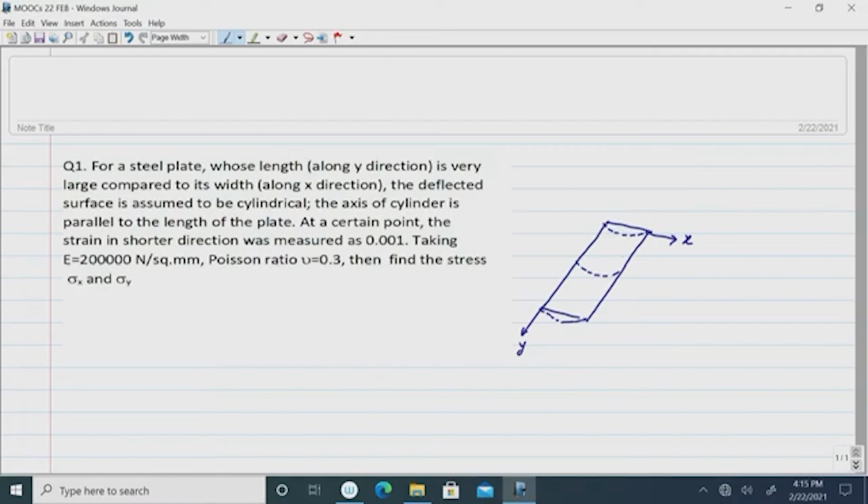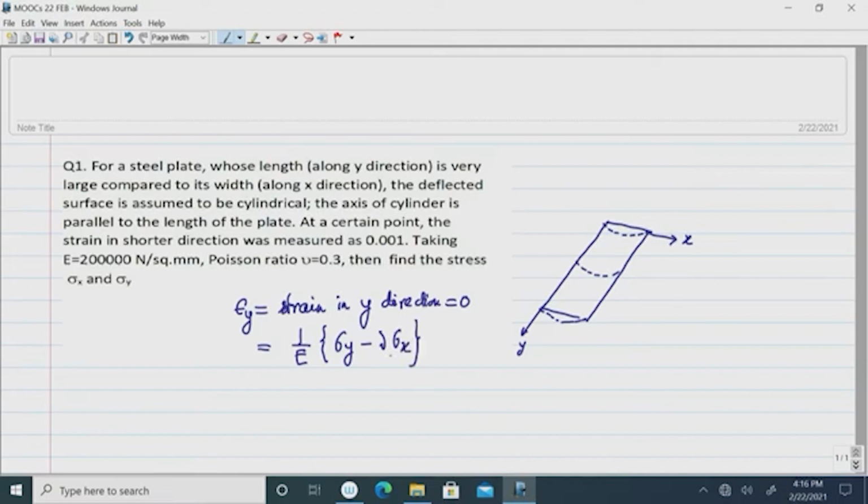So, the deflected surface of the plate is a cylinder. Now, due to this assumption, we can say that epsilon y, the strain in y direction, is 0, but the strain in y direction, we know from the expression, is 1 by E into (sigma y minus mu into sigma x).